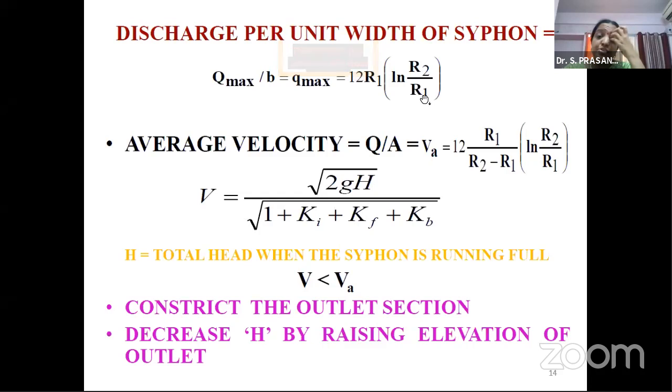There is a ratio here, R2 by R1, depending upon the maximum discharge. Either the discharge will be there for you or the crest of the spillway will be there for you. Depending upon that, you can analyze the other one. Not all the parameters will be unknown in these equations. So if either one is known, the other can be estimated.